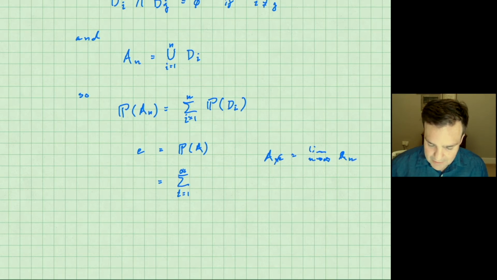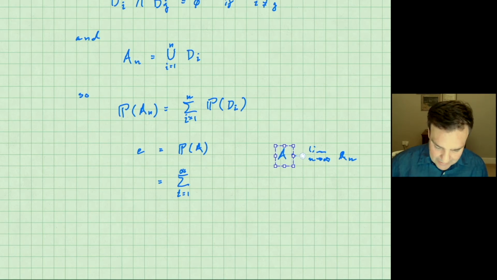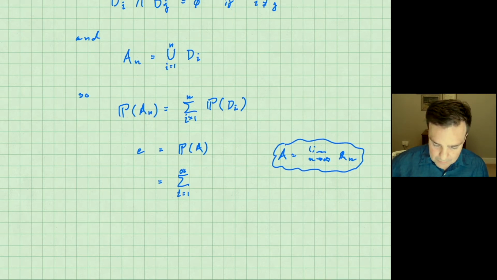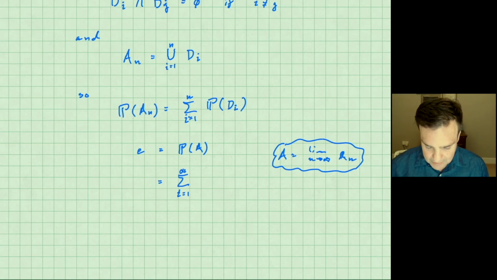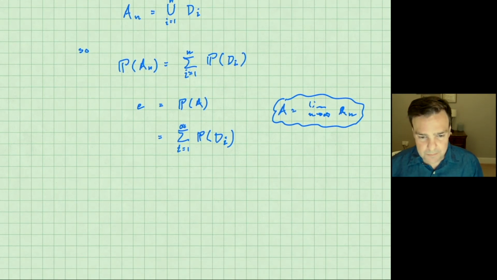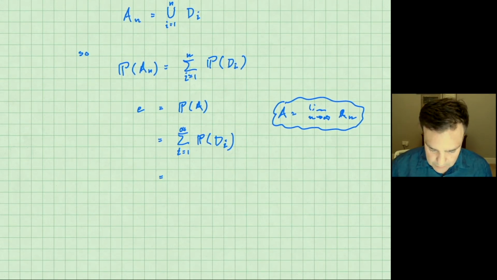Sorry. A, oh, erase, come on. So A is this limit here. Right, so that means this thing is true. And so this is the limit, just rewriting that line as a limit.